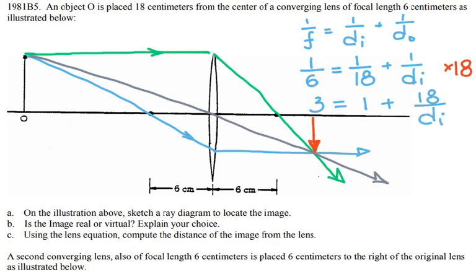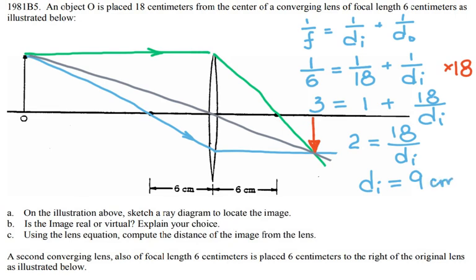If I subtract 1 from both sides, I have 2 equals 18 over di. So di is equal to 9 centimeters, and my result is in centimeters because I did not convert to other units.